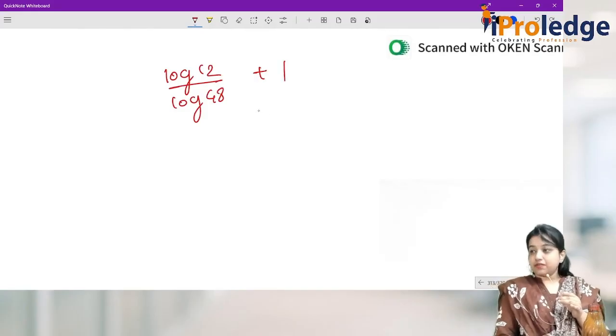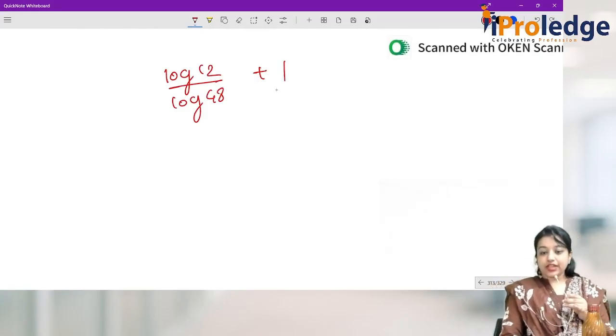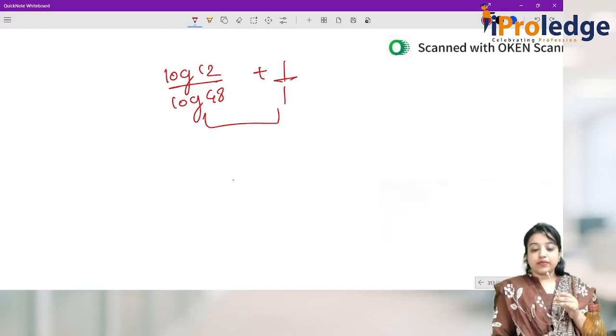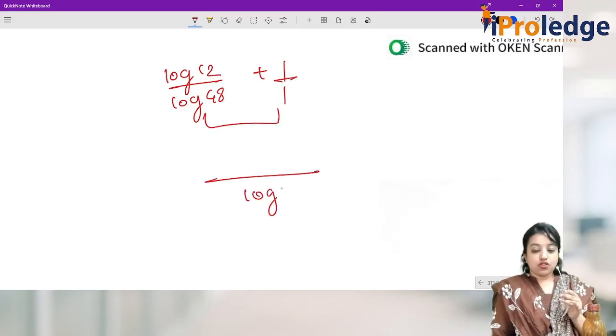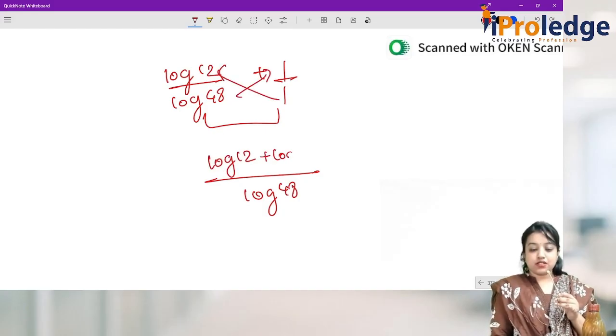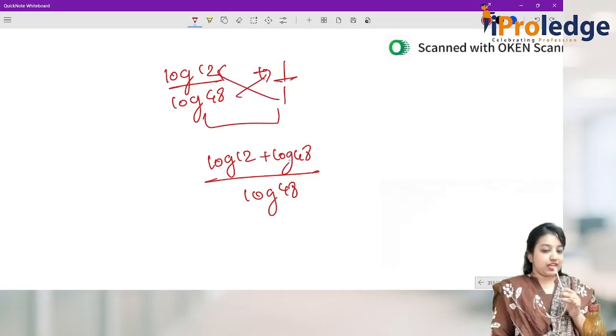Take the LCM: log 48, cross multiply, log 12 plus log 48.